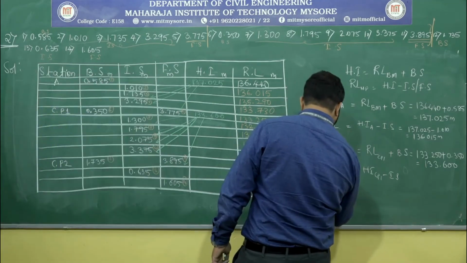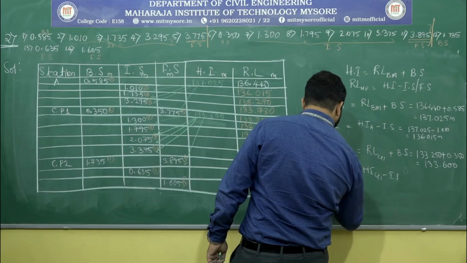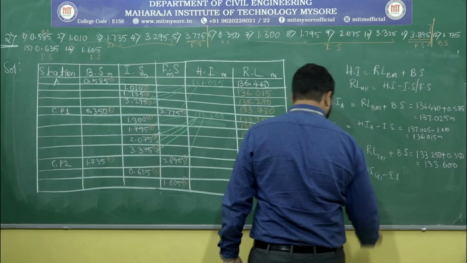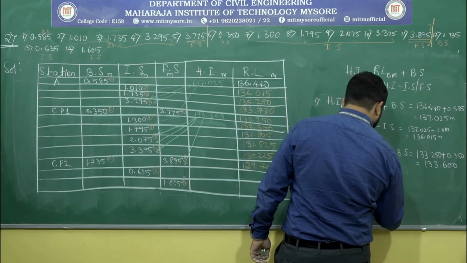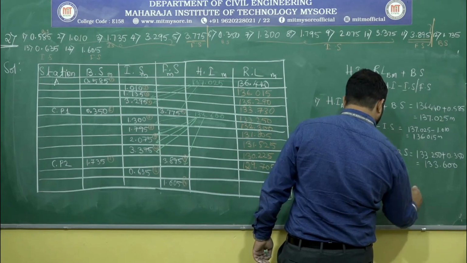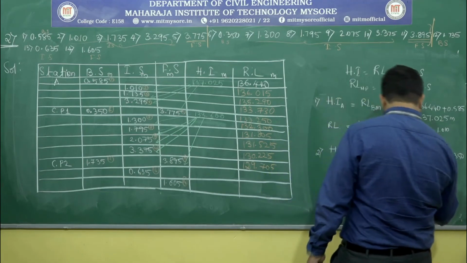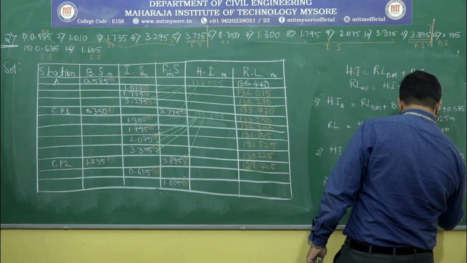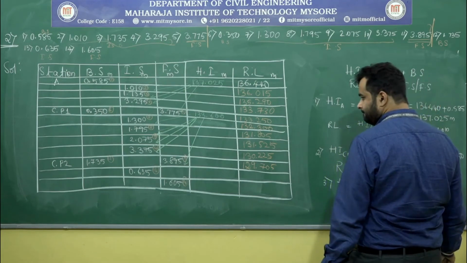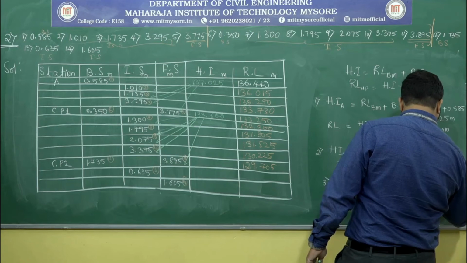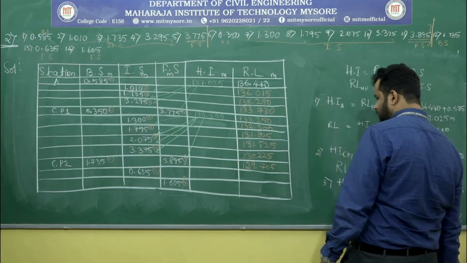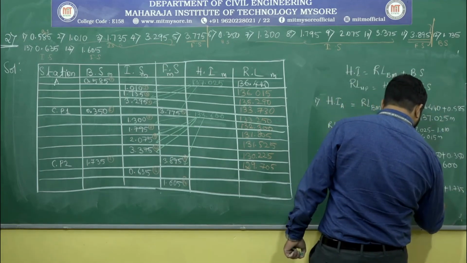So the third HI here is HI at change point 2, equal to RL of change point 2 plus its backsight, which is 129.705 plus 1.735, equal to 131.440.